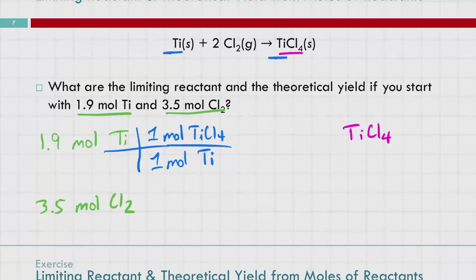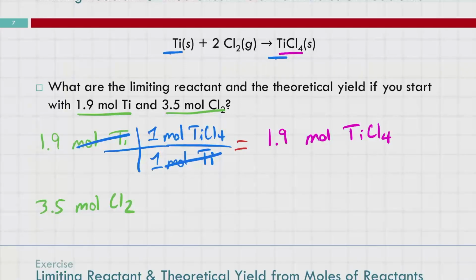So the moles of titanium cancel, and we're left with moles of titanium 4 chloride. So the amount that we can make with our titanium is 1.9 moles TiCl4.